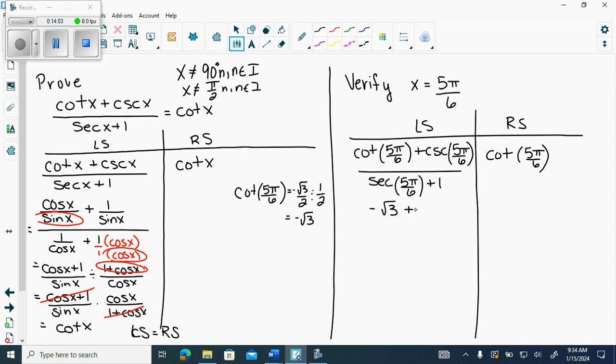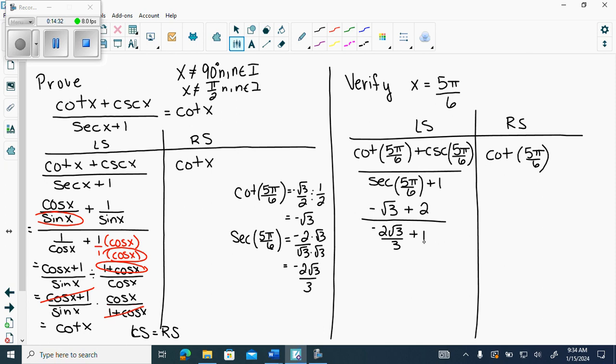Cosecant 5 pi over 6 is sine flipped, and sine of 5 pi over 6 is a half, so it would be 2. And then secant of 5 pi over 6 is cos flipped, so it would be negative 2 over root 3. And then if we rationalize it, we get negative 2 root 3 over 3 plus 1.